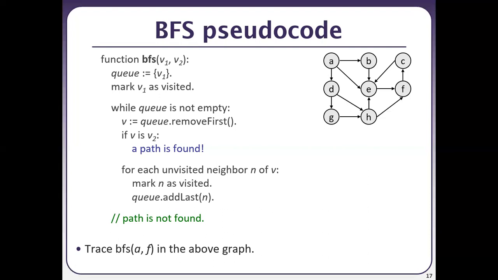So that's why we pull out the first element in the queue. So first in, first out. After passing through each node, we will change the node from unvisited to visited.